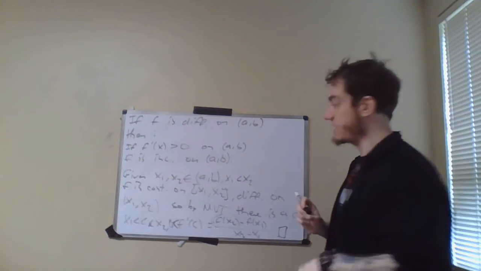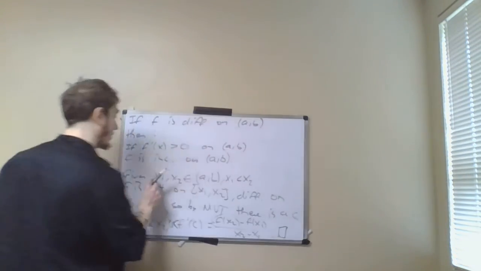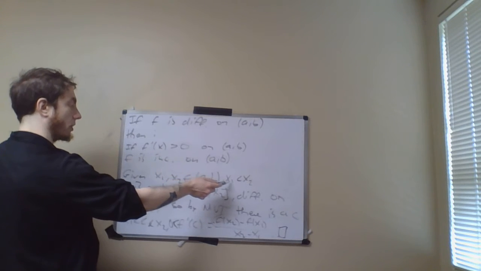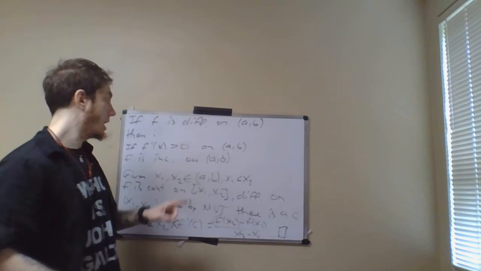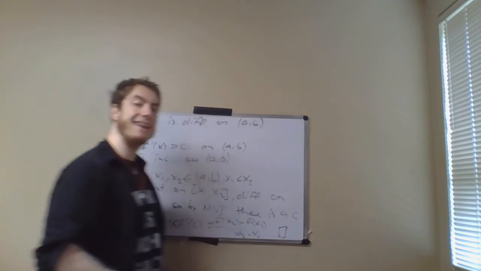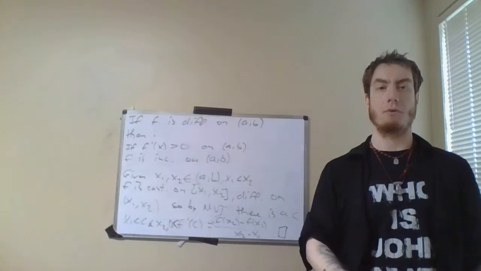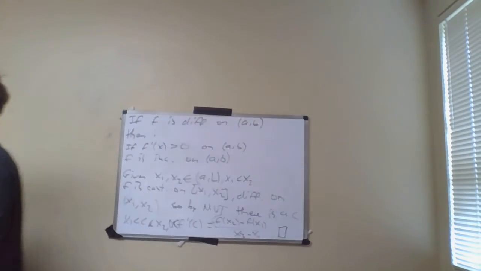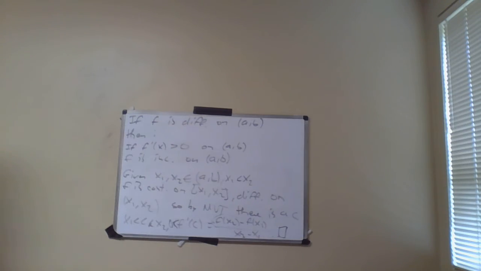Because remember, what does it mean to be increasing? Well, it means for any pair of numbers, x1 and x2, inside this interval with x1 less than x2, I get f of x2 is bigger than f of x1. And that is exactly what we have found here. So there we go. We have managed to prove this theorem using the mean value theorem.